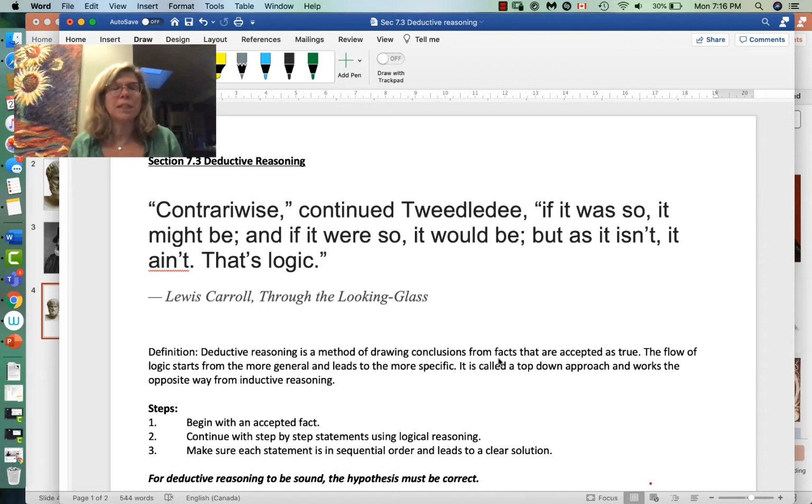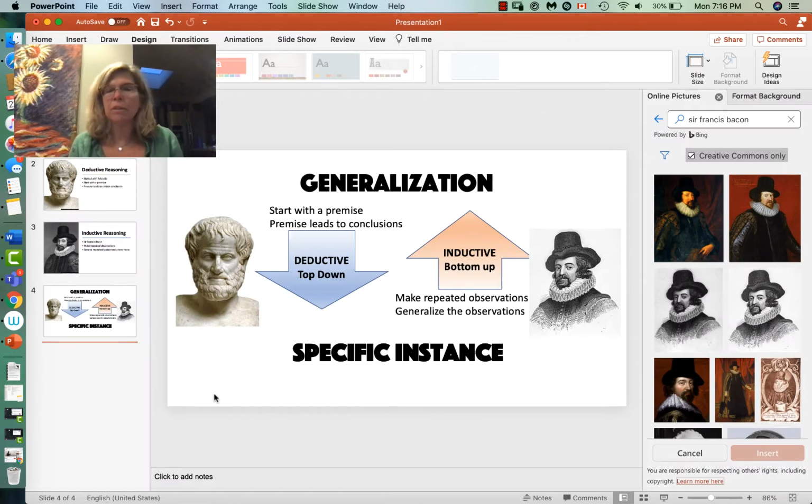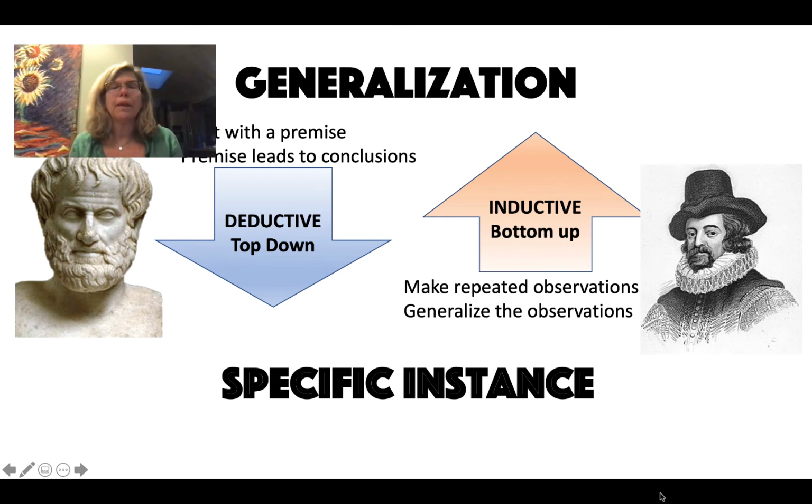So to start with deductive, I want to show you a slide about the differences between deductive and inductive reasoning. In general, we've been looking at inductive reasoning, which is what they call bottom-up reasoning.